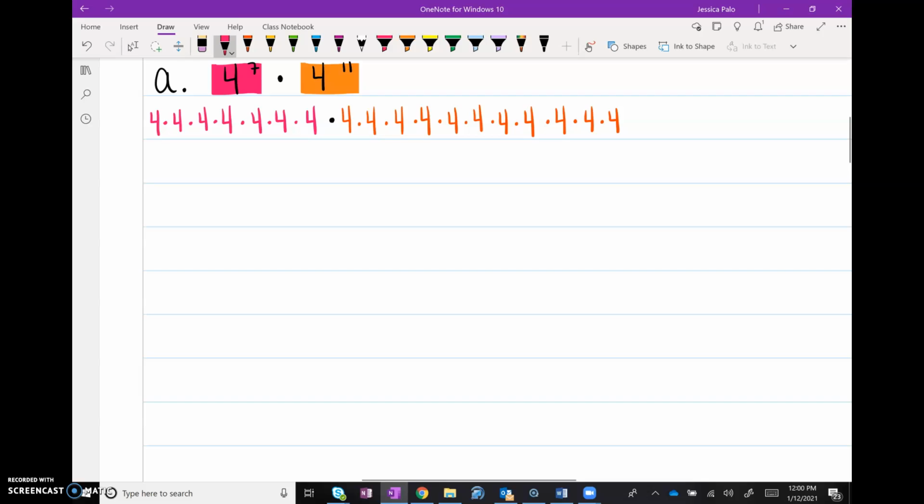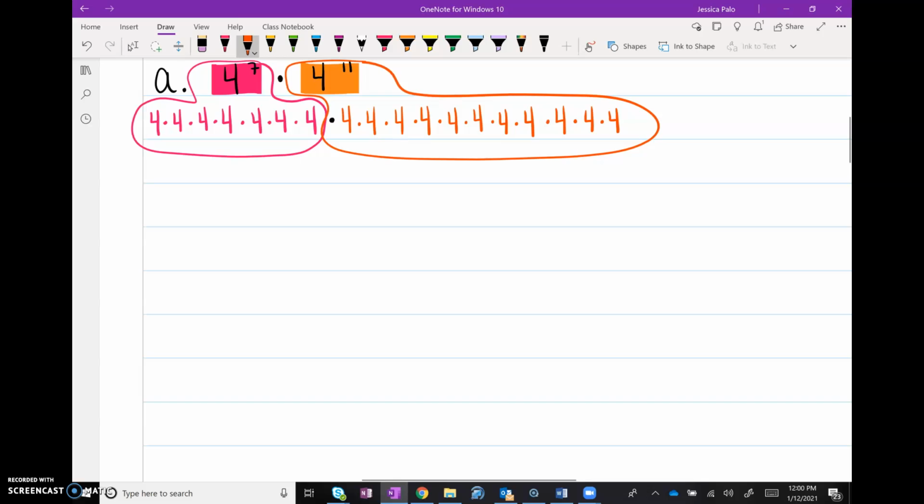If 4 to the 7th power is 4 times itself 7 times, and 4 to the 11th power is 4 times itself 11 times, what does 4 multiplied 18 times look like in exponential form?